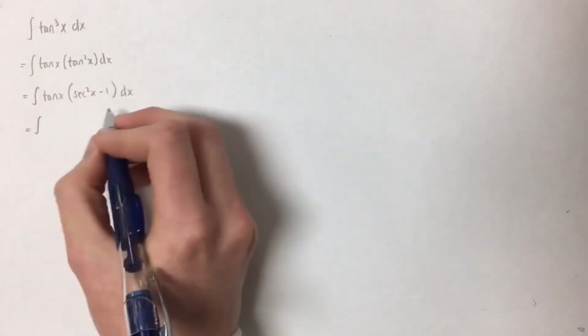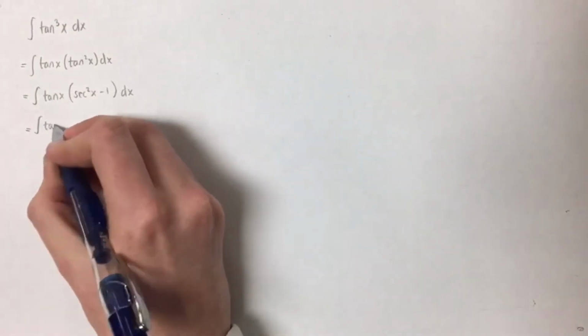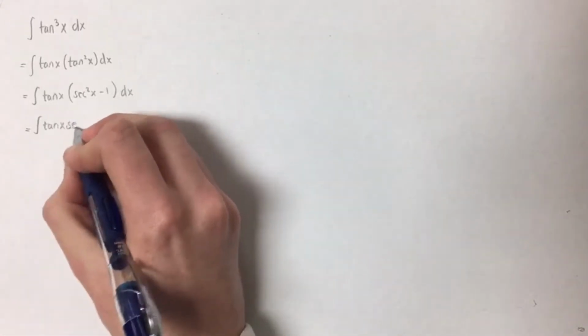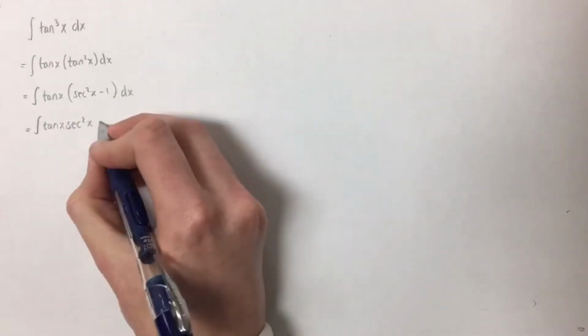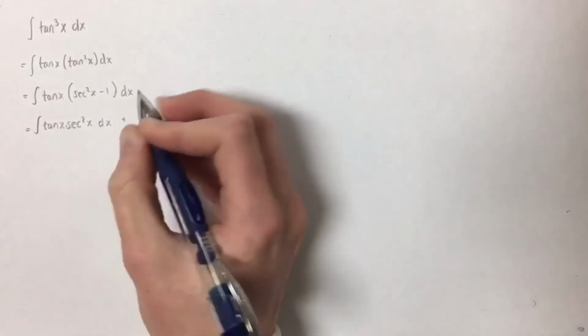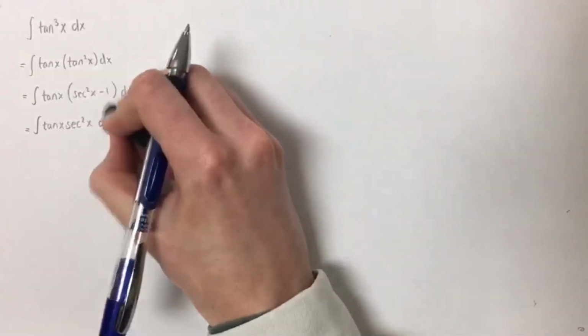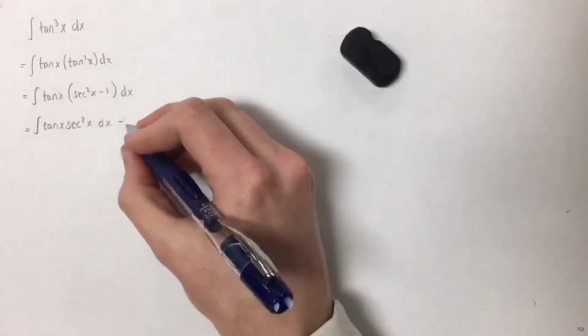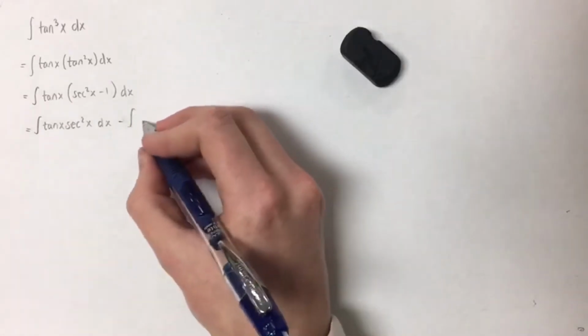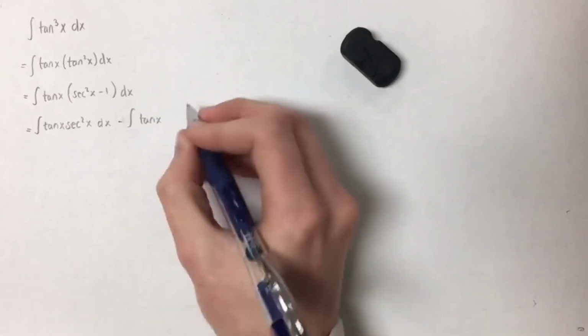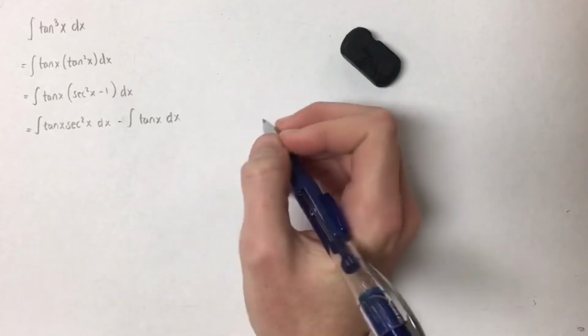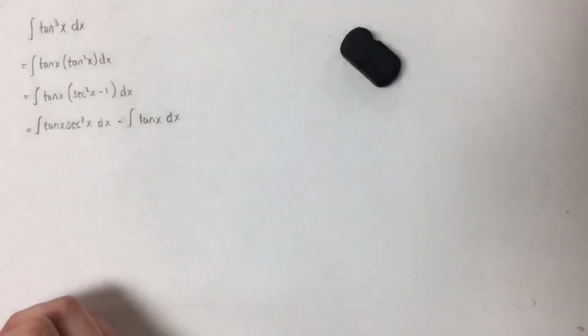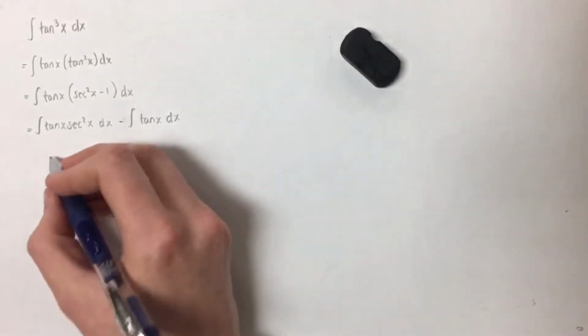So now we can multiply the tangent of x into that secant squared of x minus 1, and we'll actually get two separate integrals. Tangent x secant squared of x dx minus the integral of tangent x dx. And now let's go ahead and solve that first one.